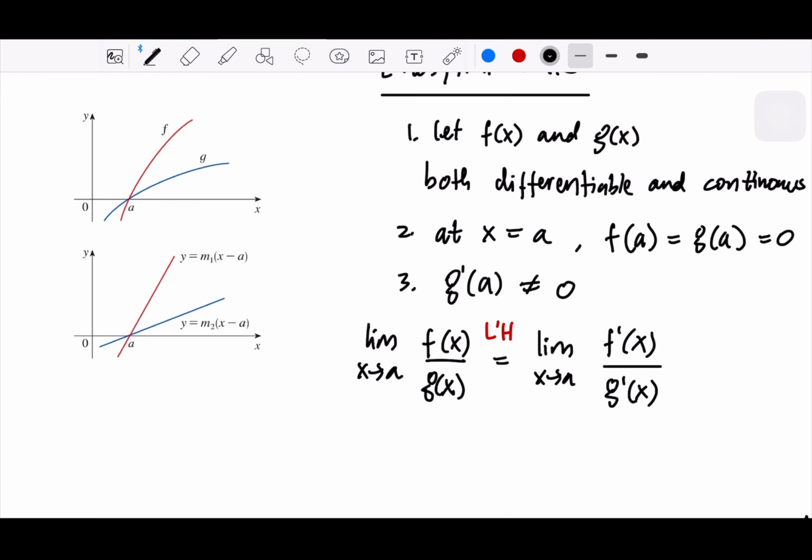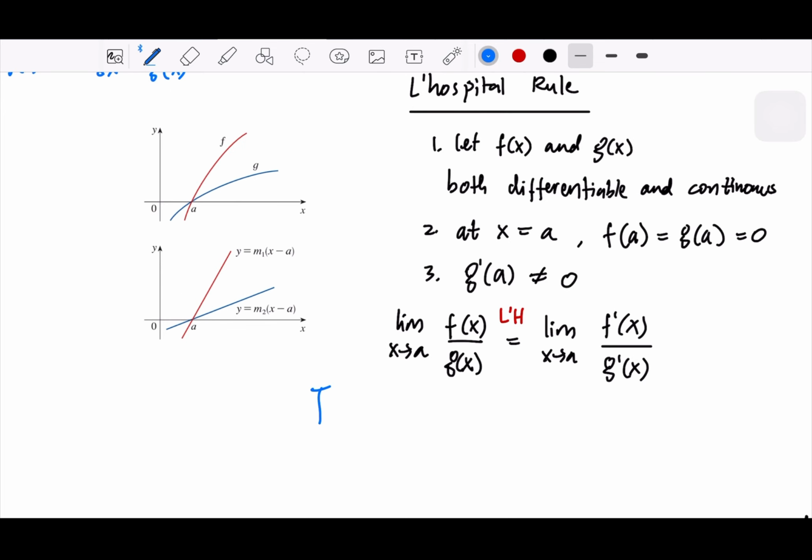So this is what we call the indeterminate form, 0 over 0 or infinite over infinite.